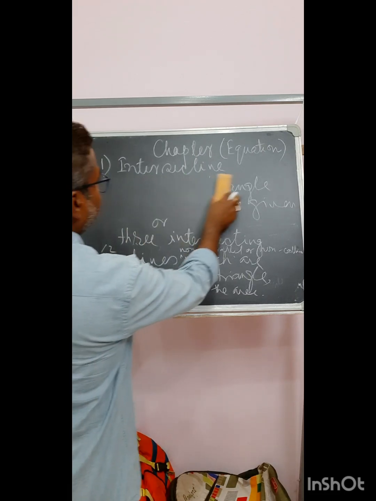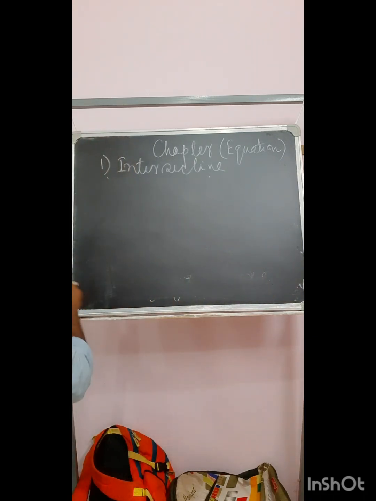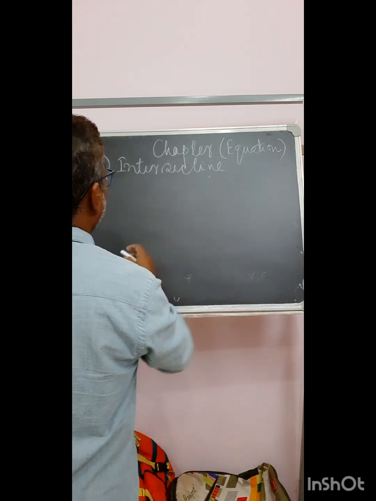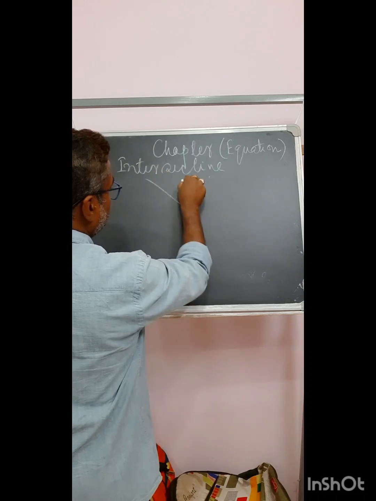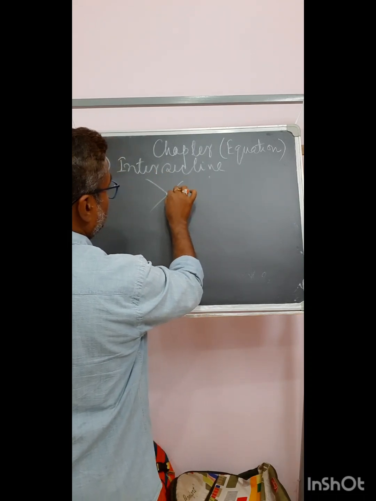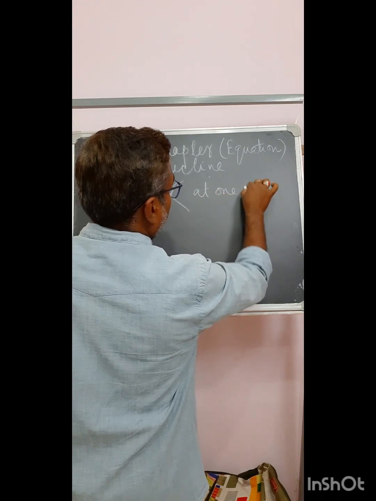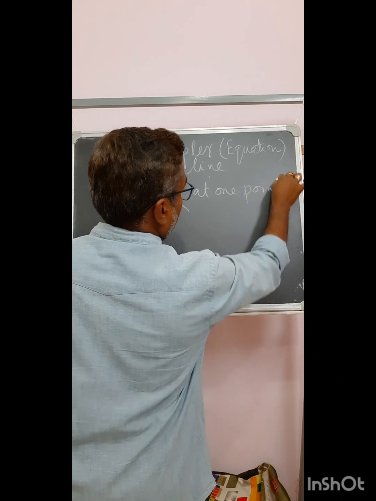So starting with the intersecting lines, if two lines are intersecting each other, then you can understand they will intersect at one point only.